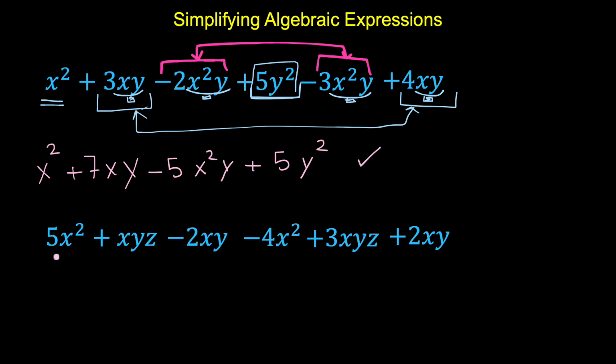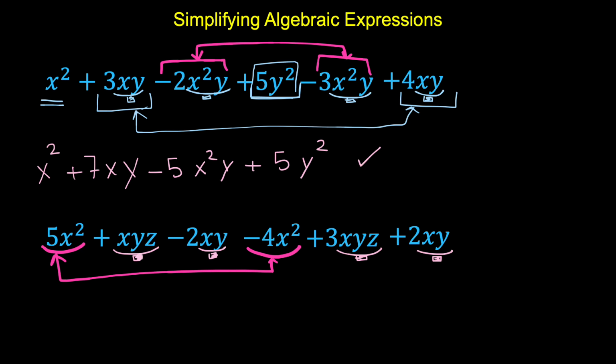Okay, for the next one, we have variables multiplying by each other, so we need to keep them in a basket here and here and this one. And now let's start with the first term. We have 5x squared. We look for another term including x squared, and here we have x squared, so both terms are like terms.